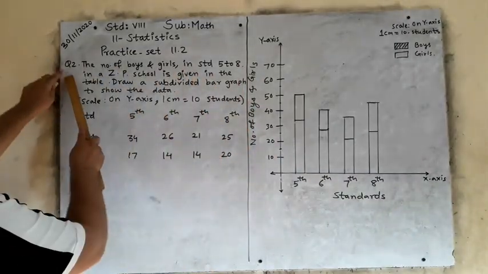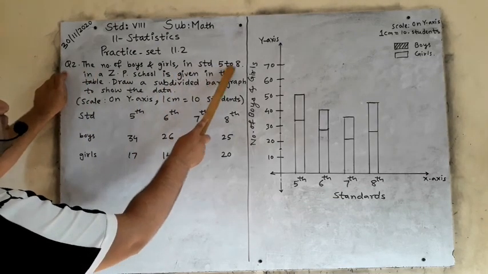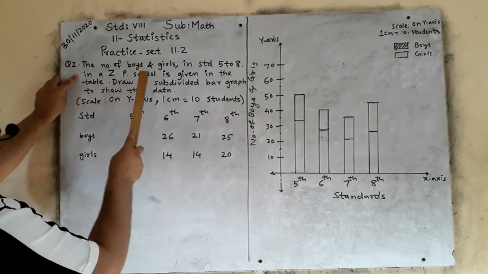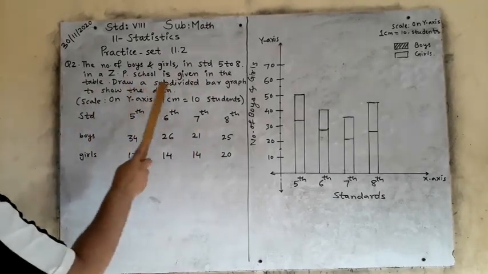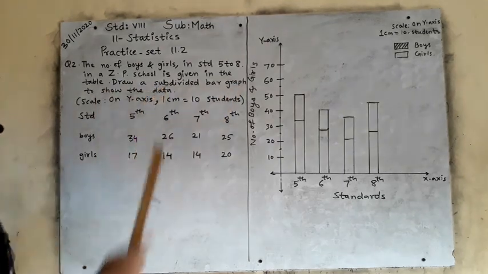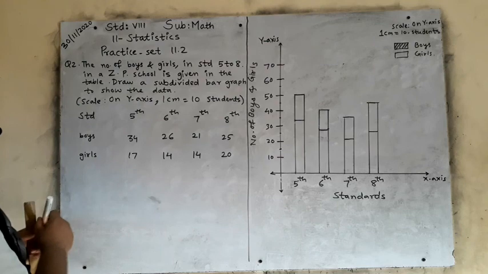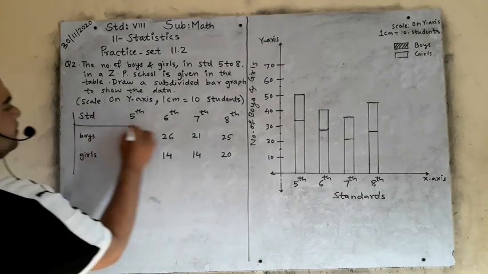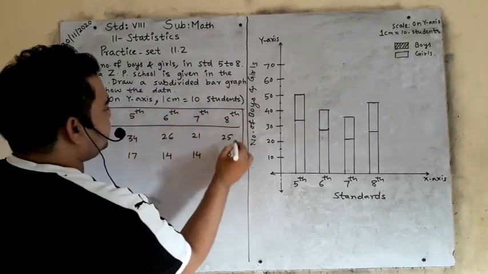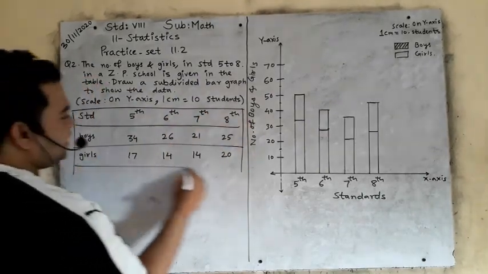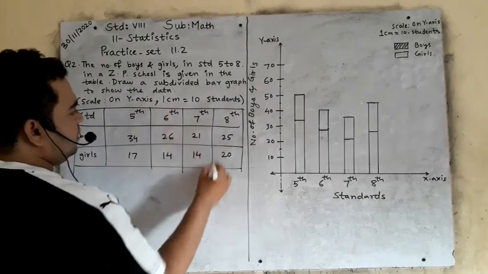See here, what is question number 2? The number of boys and girls in standard 5th to 8th in a Zilla Parishad school is given in the table. Draw a subdivided bar graph to show the data. See, the scale is already given above the table.